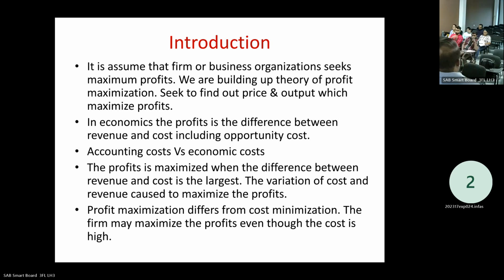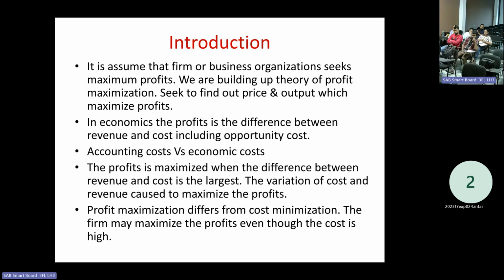Even though we talk about the difference between the revenue and the cost, in order to earn more profits, revenue should be maximized and cost should be minimized, but in certain circumstances, even at higher cost, profit can be earned. Therefore, profit maximization and cost minimization are two different things.